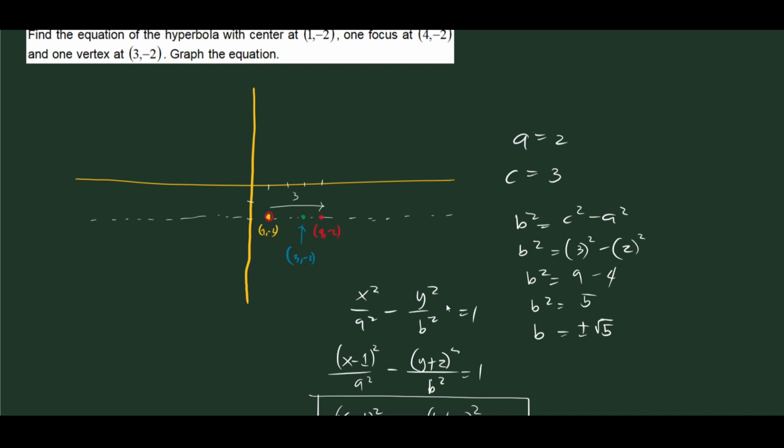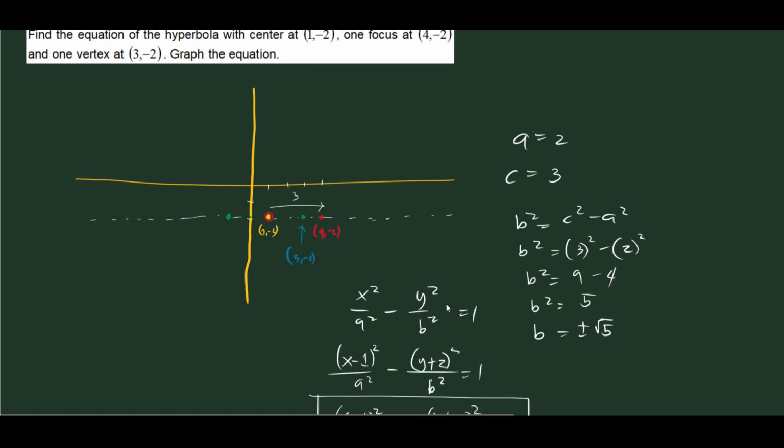Okay, now let's try to graph this manually. So let's find the other vertex on the left side. We have a distance of 2 right here, right? So this is 1 and then 2. Our vertex will be here. Now our b is plus minus square root of 5. Now that would be 2 point something.